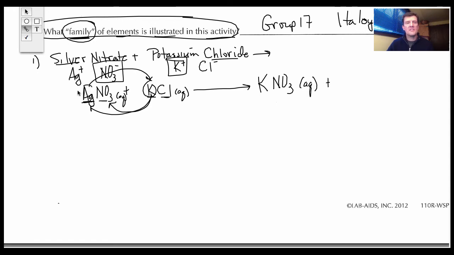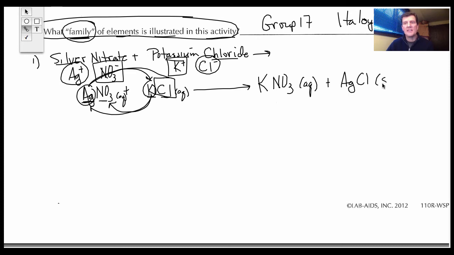The other combination is the silver with the chloride. Silver is a +1, chlorine is a -1. In this case, you're going to form AgCl. Now, silver chloride is not soluble in water. When the silver and the chlorine get together, they actually form something that does not dissolve well in water. That's why you see it. That's why it becomes a solid.